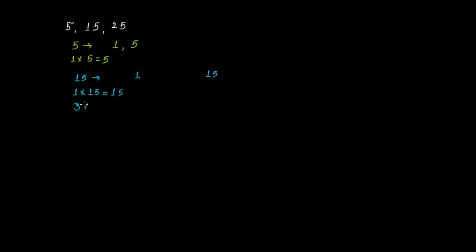It's not divisible by 2. Why? Because for any number to be divisible by 2, it should have 0, 2, 4, 6 or 8 at its units place. In this case, it has 5 at its units place, so this number is not divisible by 2.